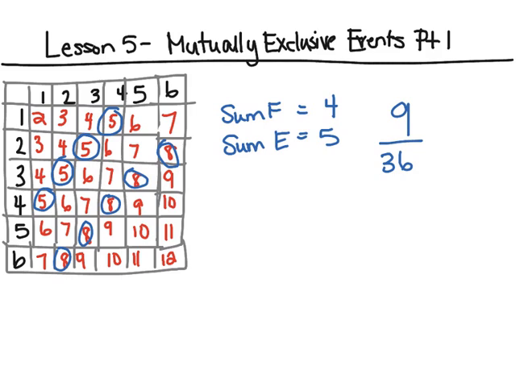Not getting a sum of 5 or 8 would be the same as, let's do this here, not 5 and not 8. That would be the same as 36 minus 9, which is 27.